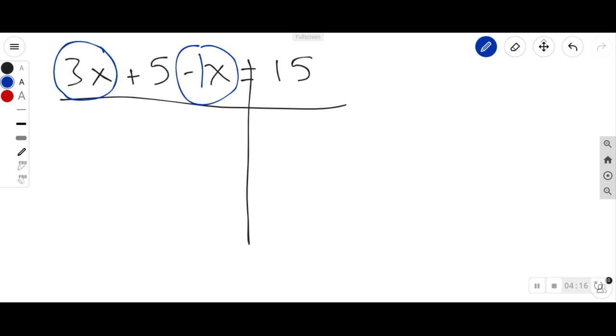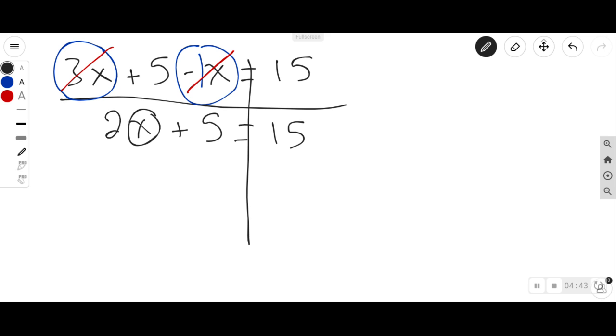So I'm going to simply do 3x minus 1x. That plus stays with the 5, has nothing to do with it. 3x minus 1x is 2x. Plus 5, I'll carry that down, equals, and I'll carry down the 15. I can finally now circle my x because I don't want that to move, and now I can solve it.